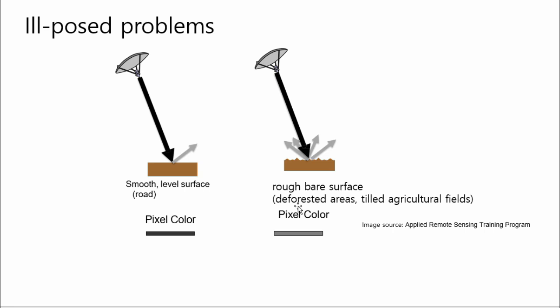But there are other factors that make it bright, like topography, rocks, or vegetation, which also contribute to the brightness. So it's not really simple, and we can't just jump to the conclusion that this is brighter because of roughness. That's why we say it is an ill-posed problem.